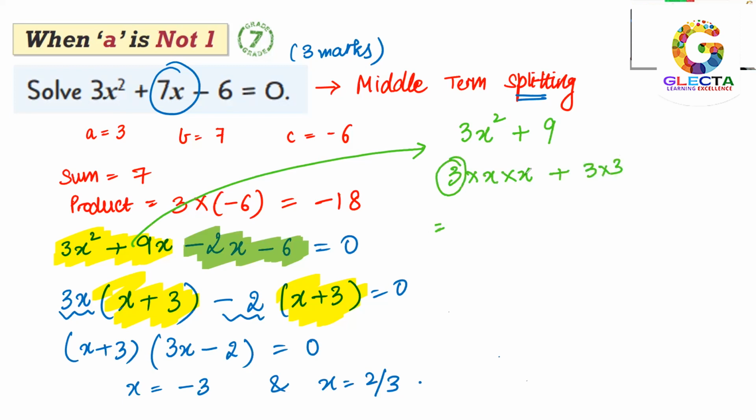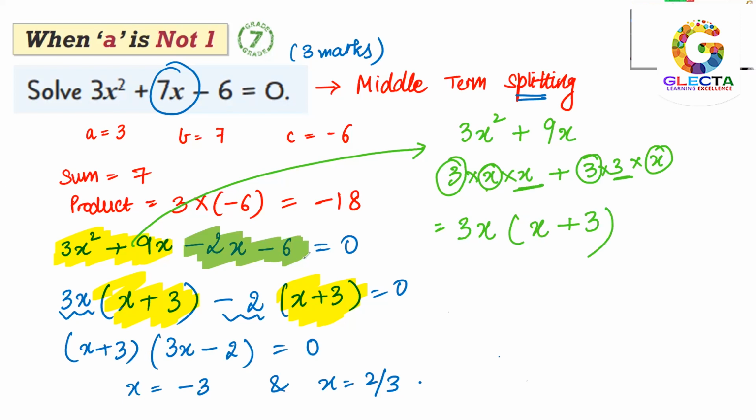When we have to factorize, whatever is common is taken outside the brackets. x is also common, so take that outside the brackets. So you would be writing 3x over here. From here, you have x, from here, you have 3. So this is how I have written 3x times x plus 3.